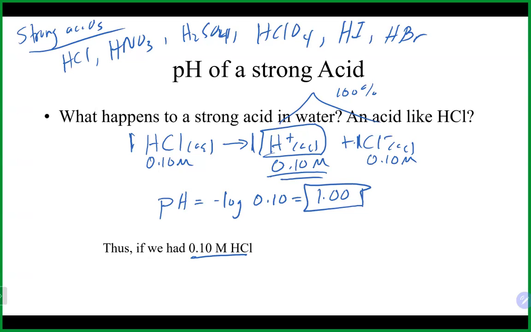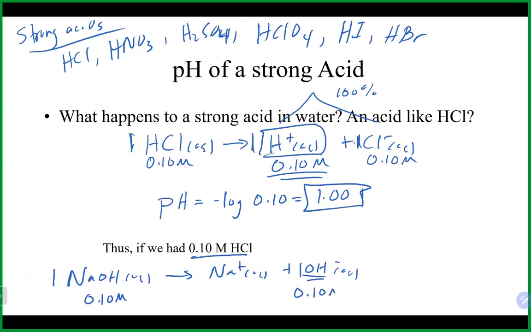You can also have a strong base, right? If we had a strong base, it would break apart and give a hydroxide ion. Let's just say we had 0.1 molar for this one. In this case, it's actually the hydroxide ion that's important to get us to the pH. It is a 1-to-1 relationship, which means the concentration of the hydroxide here would be 0.1 molar.